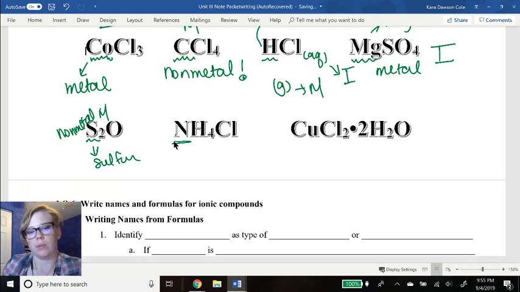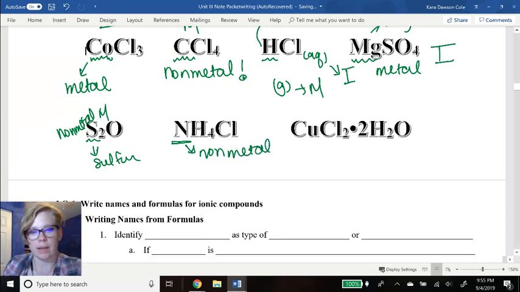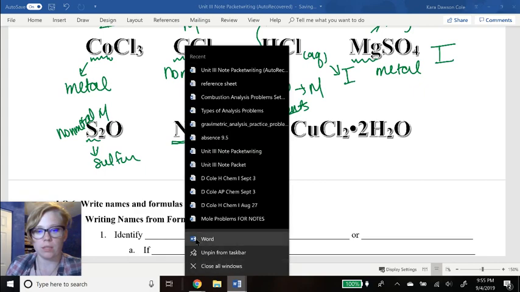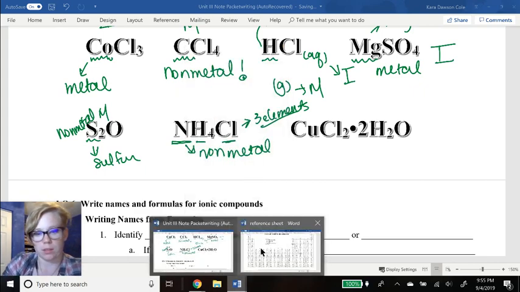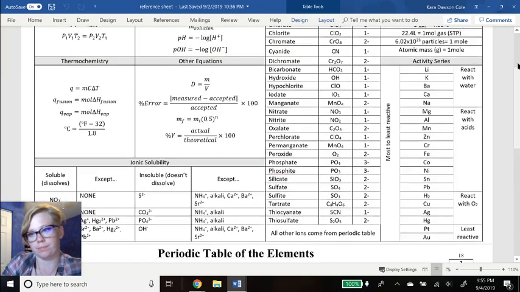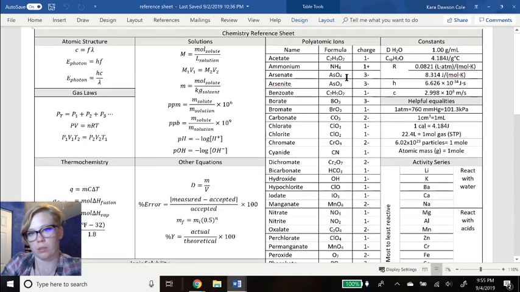And this one starts with nitrogen, which is a nonmetal. However, I have 1, 2, 3 elements. So again, if I have 3 or more elements, one of those things is coming from the polyatomic ion sheet, which is right here.